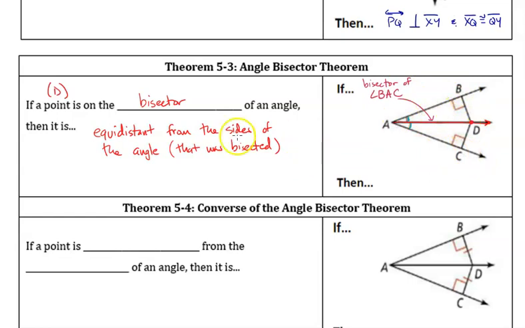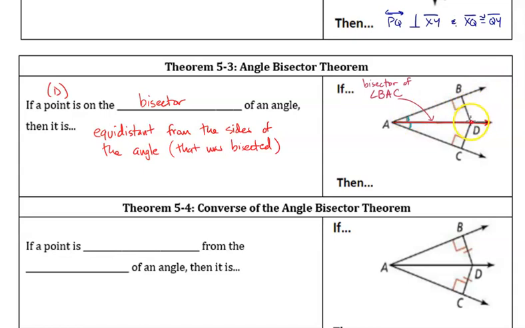So what does this imply here? Well, if I notice this segment that goes from D to B, it's a segment that is perpendicular to the side of angle BAC over here. And then I have segment DC that's perpendicular to the other side. Anytime we want to measure the distance from a point to a line, ray, or segment, I don't want to measure that distance going at an angle, right?